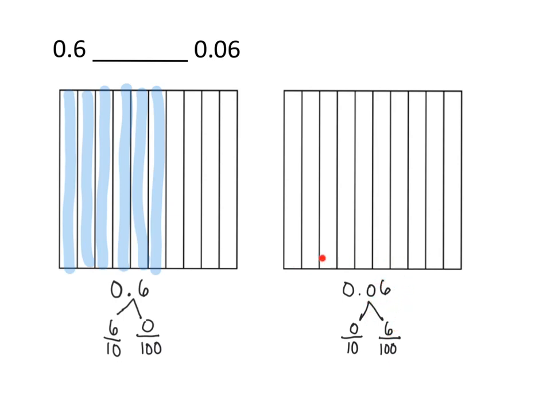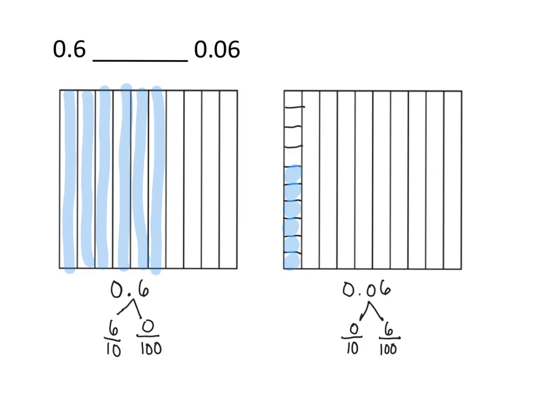Just like we did in the last problem, within each one of these tenths, there could be another tenths, which would give us hundredths. So let's split this one up into tenths. Now I just took that 1/10 and split it up into another tenth, which gives us hundredths. So let's color this in to represent 6/100ths. 1, 2, 3, 4, 5, 6. So that represents our 6/100ths.